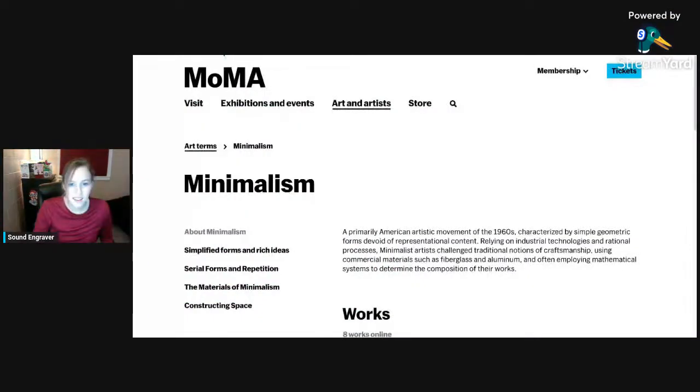All right, let's share this website. There are going to be some definitions that the Museum of Modern Art gives us, which I think are very concise. It was in accordance with my notes, so I'm just going to go ahead and share that. Okay, so that looks great. And there are examples of what they're talking about here with minimalism.